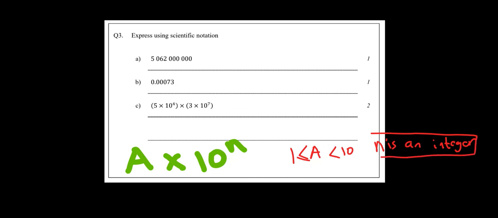So writing that is a little bit juvenile. I just like to put this n as a member of the integers. Also, this is a magnitude.